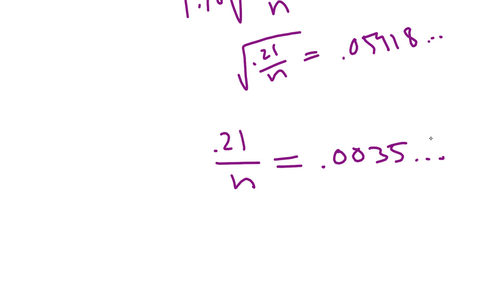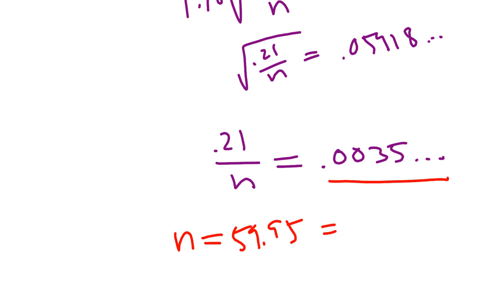And so we know ultimately here that we want to do 0.21 divided by this number to get our answer. We do that, and we get a decimal of about 59.95, which means n must have been 60. There's some rounding that went on along the way here, so that's why I'm not getting an exact answer.